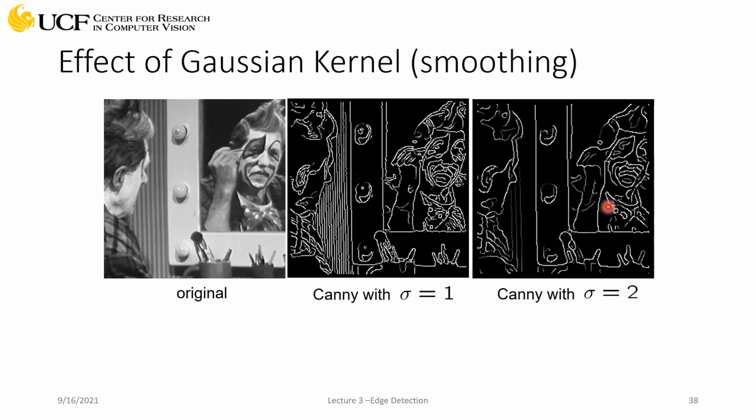It's kind of giving you high level edges. So the basic idea is, if you want a very rough sketch of the scene at a high level, you increase your standard deviation. But if you're looking for very, very fine edges with all the details, then you use a very small standard deviation. So in this case, you can see that all the edges in this, maybe the wall here, over here, they are detected, right? But in this case, they are completely missing.